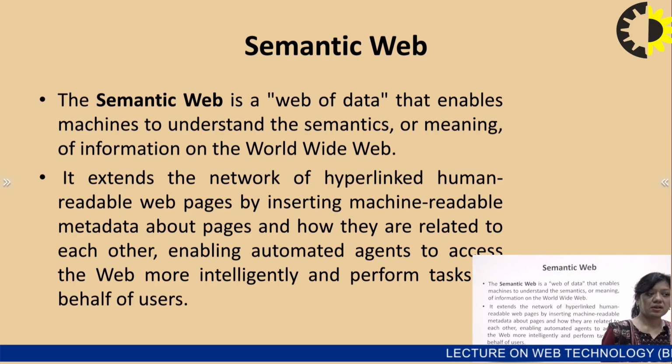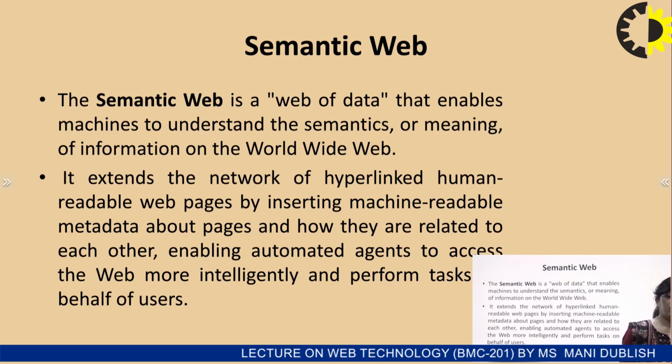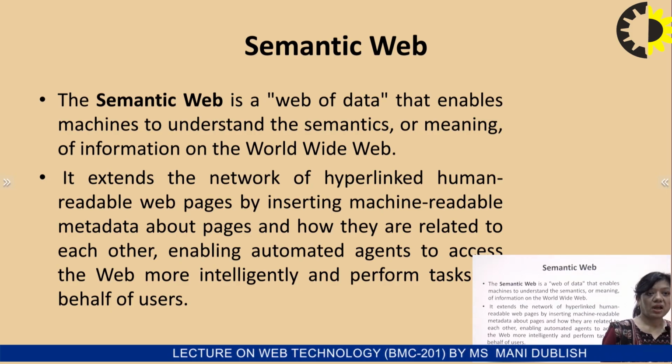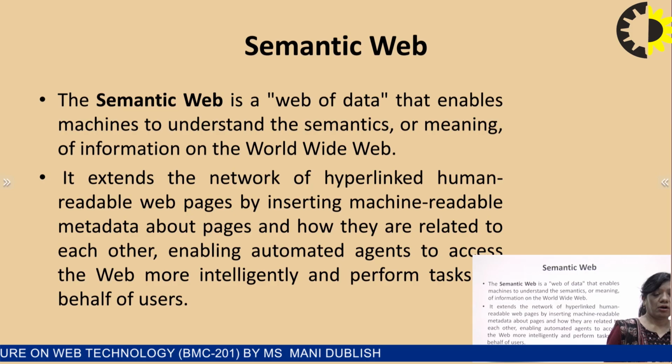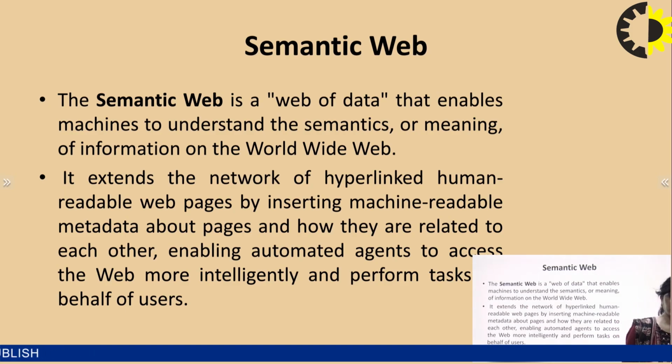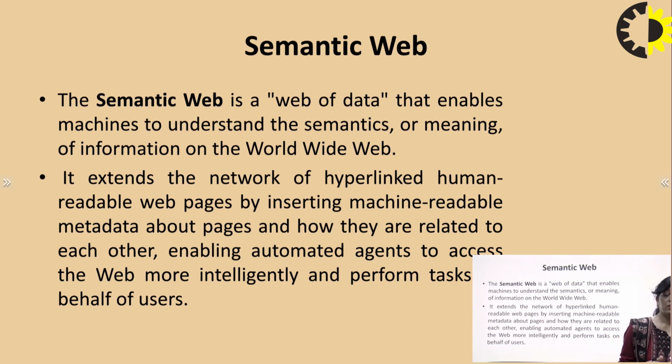In this, we can insert machine readable metadata about pages and say how they are related to each other, so we can connect each web page via links, and we can also enable automated agents so that we can access web pages more intelligently and perform tasks on behalf of many users. So this is the main benefit of using Web 3.0, with the help of the semantic web.